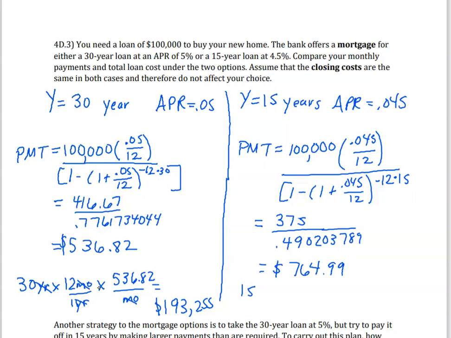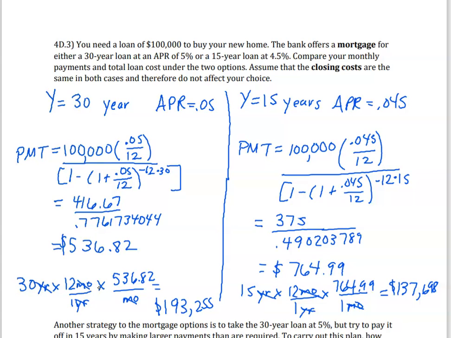Now the same if we're taking out for 15 years, there's 12 months in 1 year, and our payment is $764.99, which seems like that's more, right? Every month. Those cancel, these cancel, so 15 times 12 times $764.99 ends up being $137,698, if we're rounding to the nearest dollar.